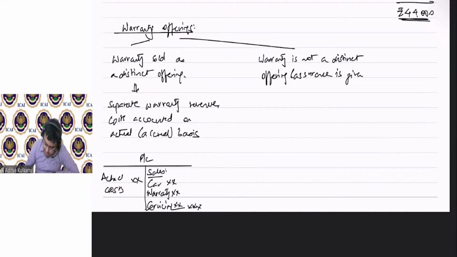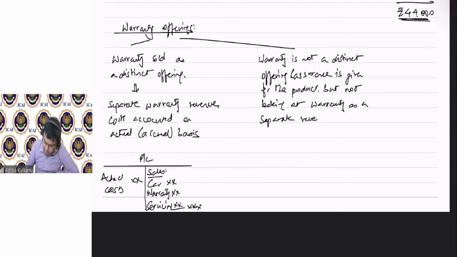Assurance is given for the product, but not looking at warranty as a separate revenue stream.